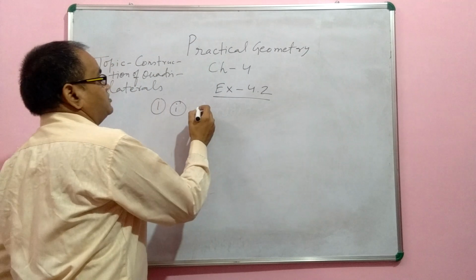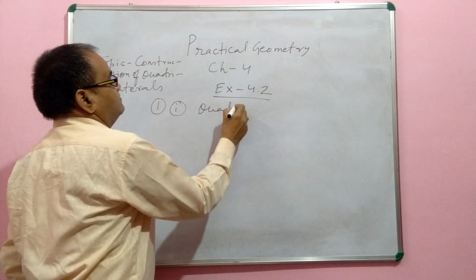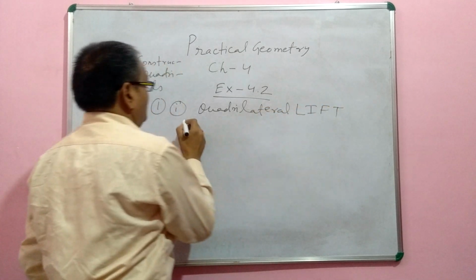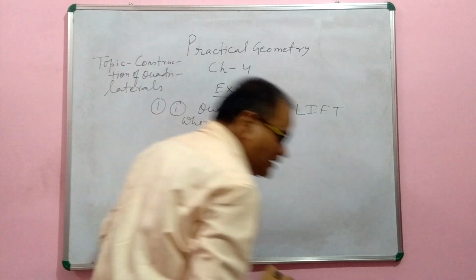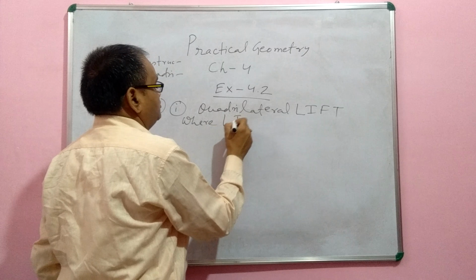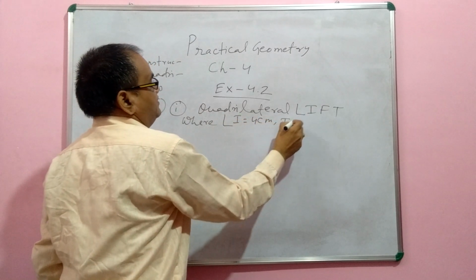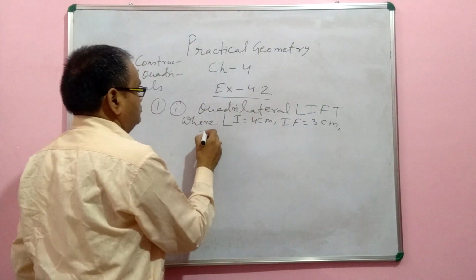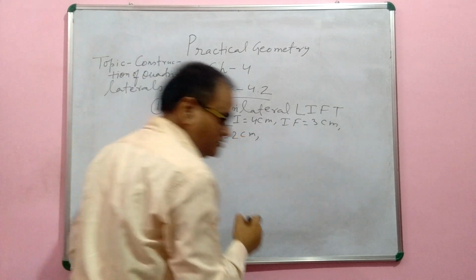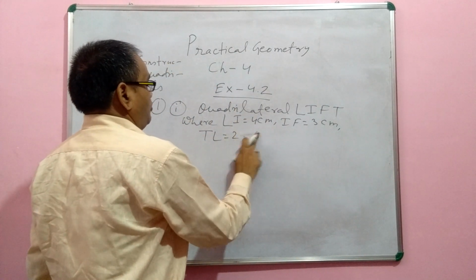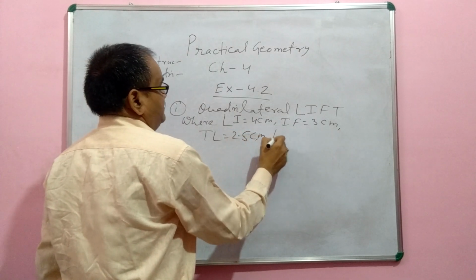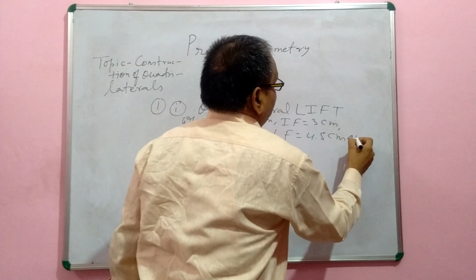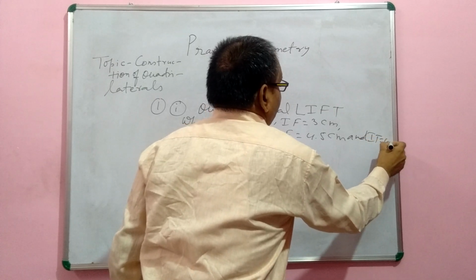Construct quadrilateral LIFT where LI equal to 4 centimeter, IF equal to 3 centimeter, TL equal to 2.5 centimeter, LF equal to 4.5 centimeter, and IT equal to 4 centimeter.